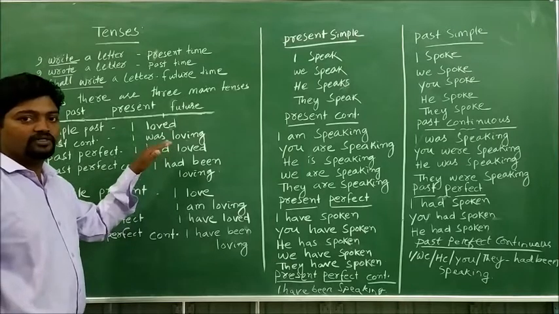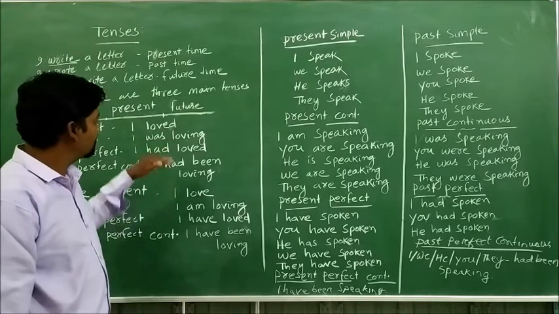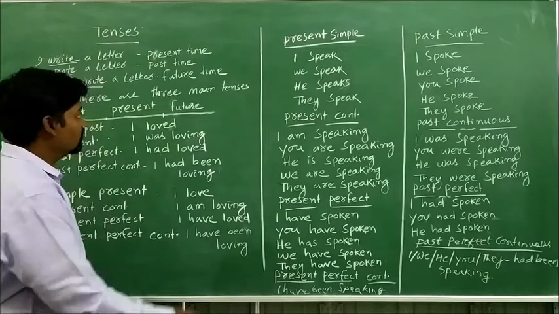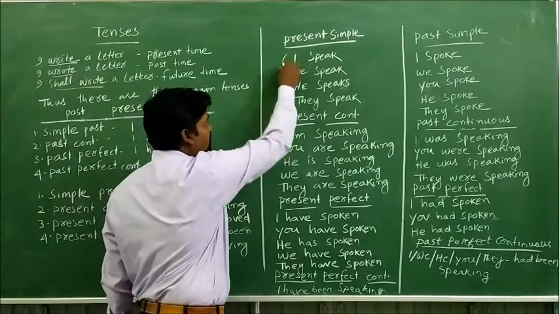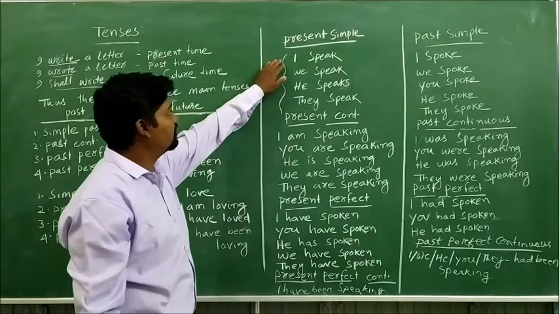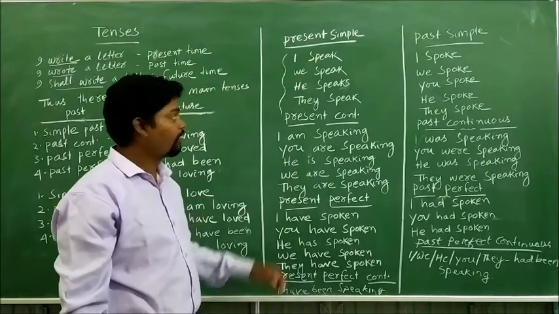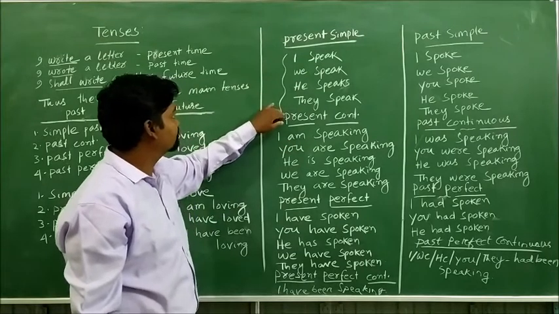And future perfect continuous tense: I will have been loving. So we will discuss in detail, with examples, present tense, past tense and future tense.